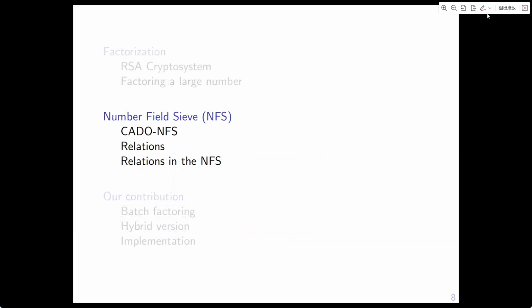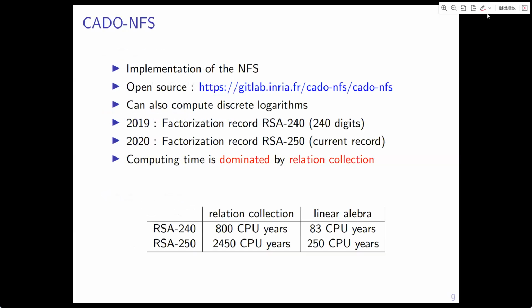Now I'm going to talk about the number field sieve. This is built upon what I just showed you, but it's a bit more complex. First of all, CADO-NFS is an implementation of the NFS. It is open source and it can also compute discrete logarithms, although I'm not going to go into details about that.